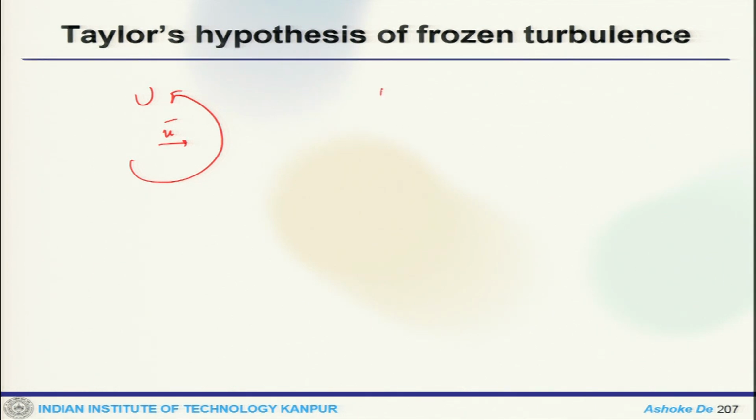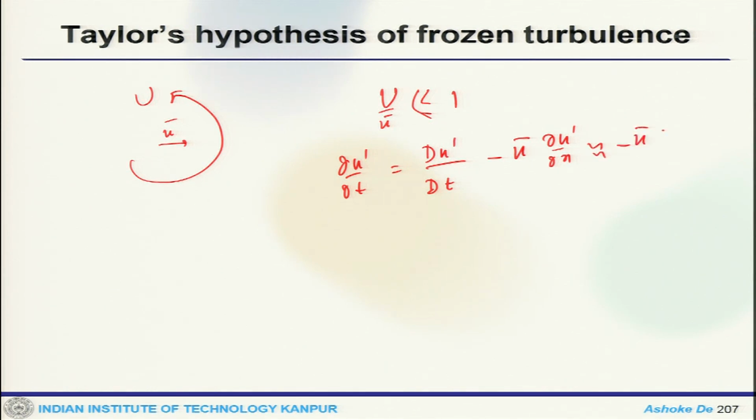For low turbulent intensity, where u prime by u bar is less than 1, you can get du prime/dt = −u bar du prime/dx, which is of order u square by L compared to u bar u by L.